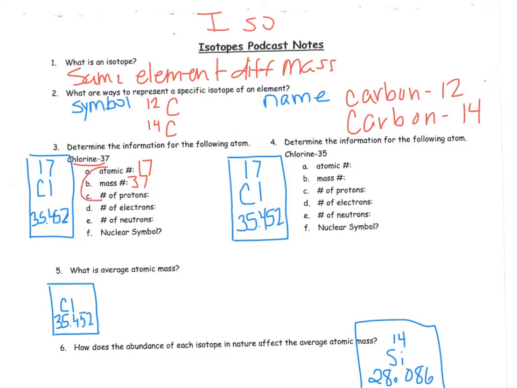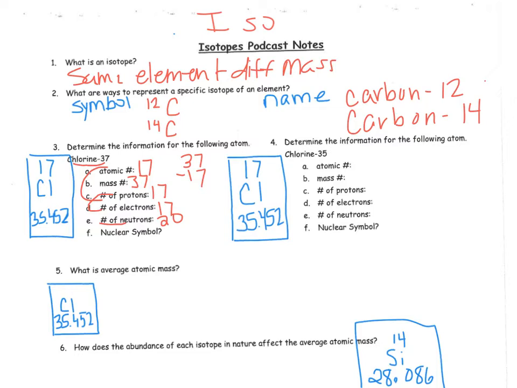These are always equal, so it has 17 protons. And for our purposes right now, protons equal electrons, and so there's also 17 electrons. Neutrons you get by taking the mass number minus the protons. So 37 minus 17 gives you 20. This isotope of chlorine, chlorine 37, has 20 neutrons.